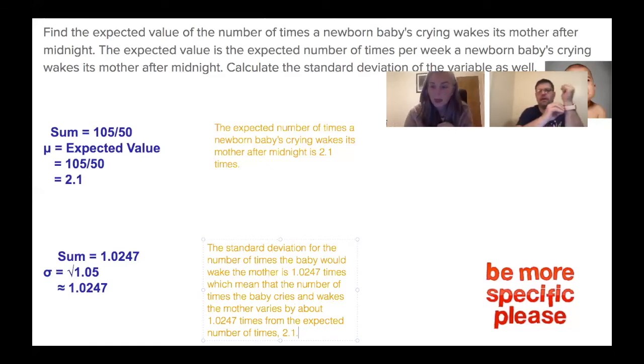There you go. You've got to bring that mean back if you're interpreting the standard deviation and saying that's how much it will vary from that mean, whatever that mean is. In this case, it's 2.1.